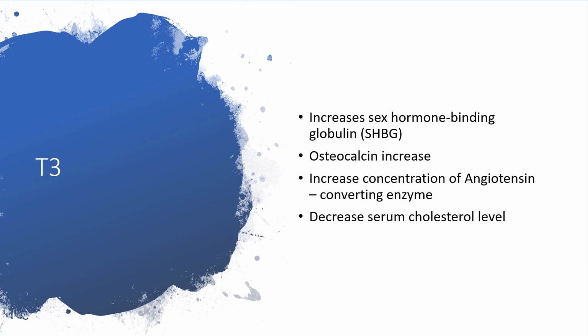T3 increases sex hormone binding globulin. It functions to increase osteocalcin, it increases concentration of angiotensin converting enzyme, and also decreases serum cholesterol level. What an advantage to those with hyperlipidemia, where you have a good concentration of T3.